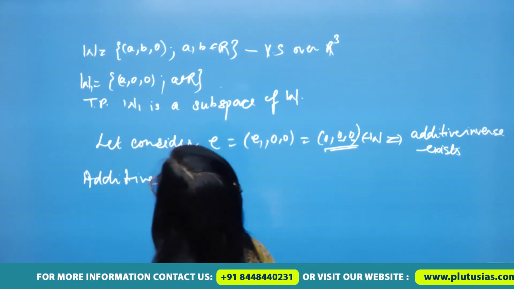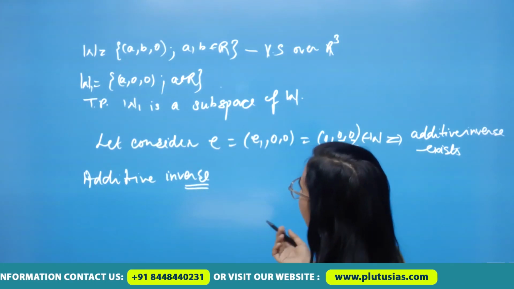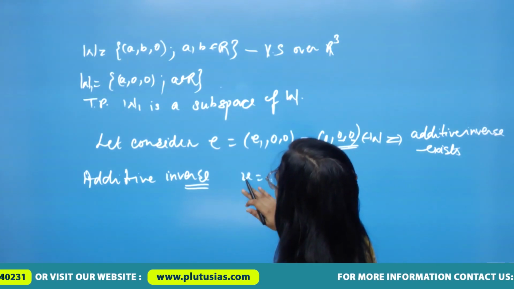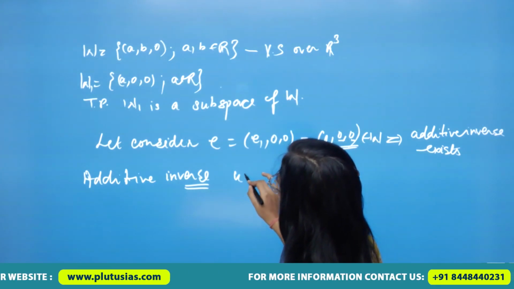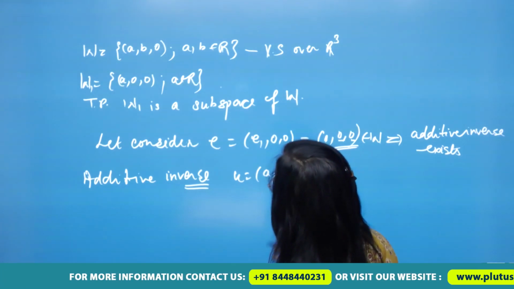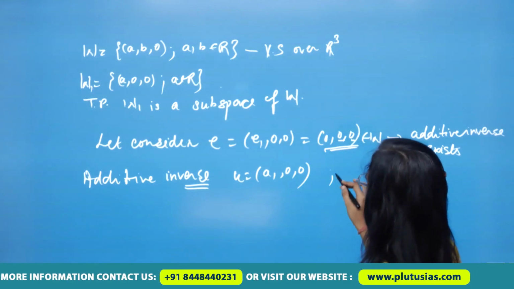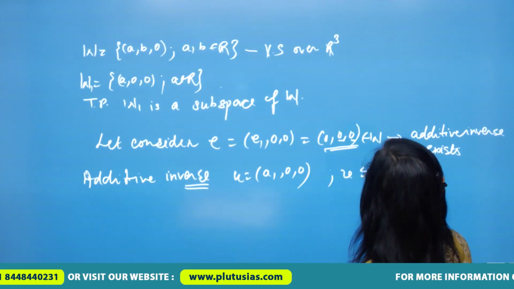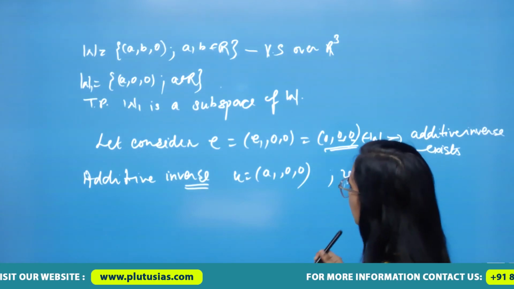For this we will take any arbitrary element. Say if it exists, then it should be, say, v. If u is equal to (a1, 0, 0), I'll consider that v is equal to (a2, 0, 0) is the additive inverse.